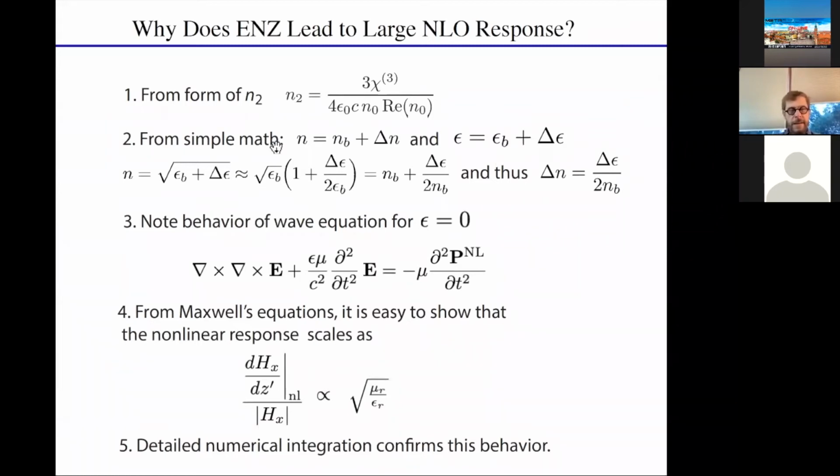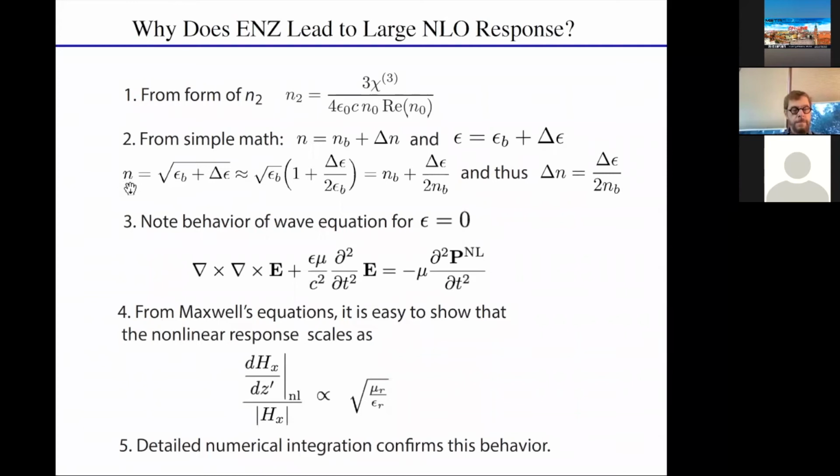Now, let me ask again the conceptual question of why epsilon near zero leads to a large nonlinear response. Well, I've already talked about the form of N2, but just to state that in a more general form, let's say that the refractive index is a background value plus a small change delta n, and that epsilon has some background value plus some small change delta epsilon.